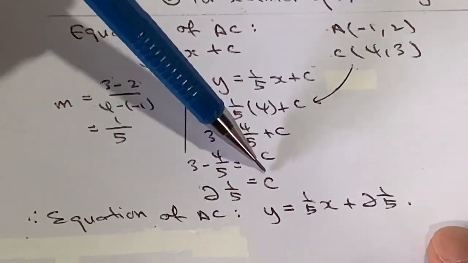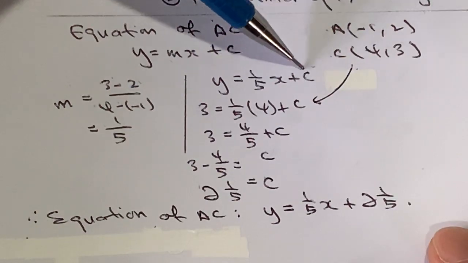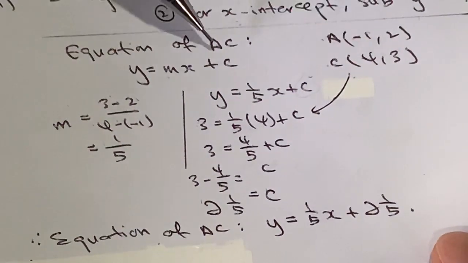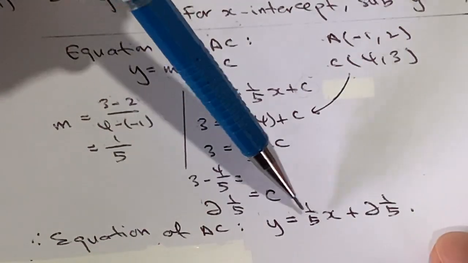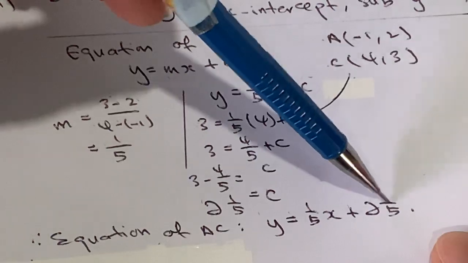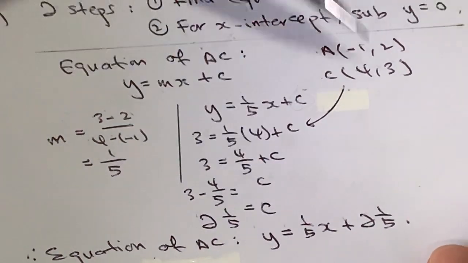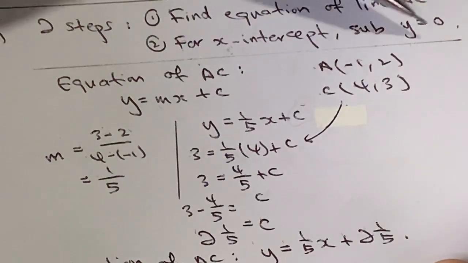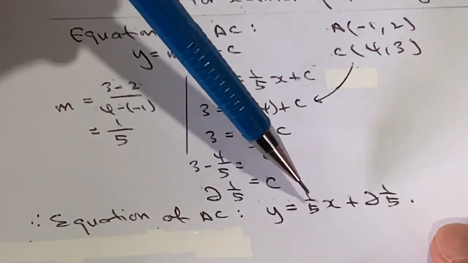So 2 and 1/5 will be the value of c. I will replace this 2 and 1/5, and I'll get the equation of AC. So the equation of AC will be y equals 1/5 x plus 2 and 1/5.